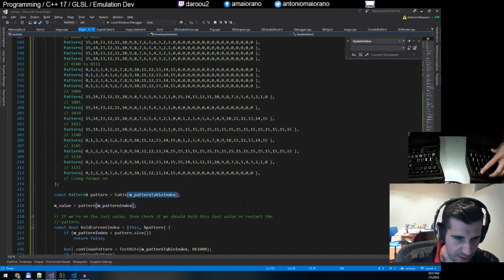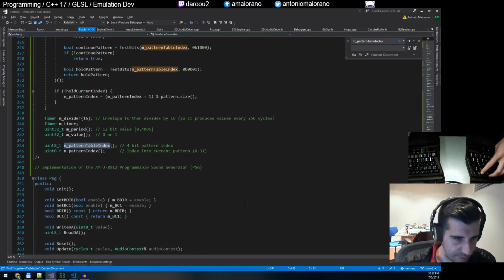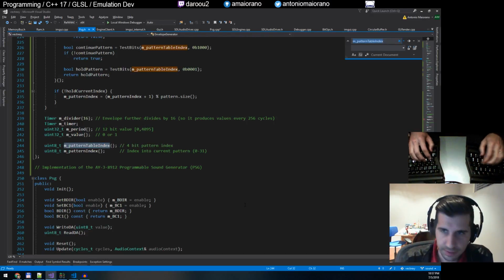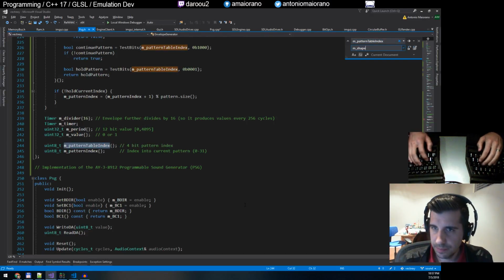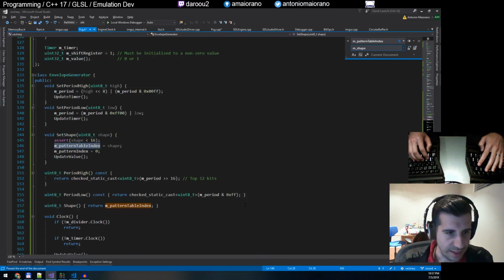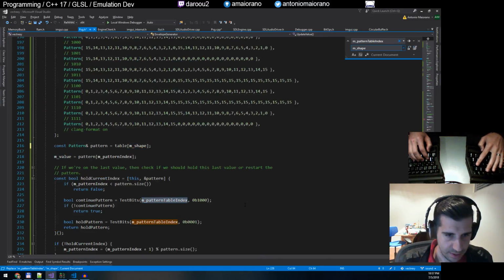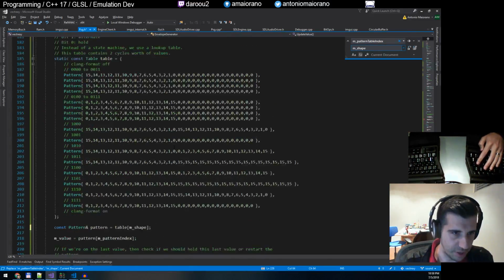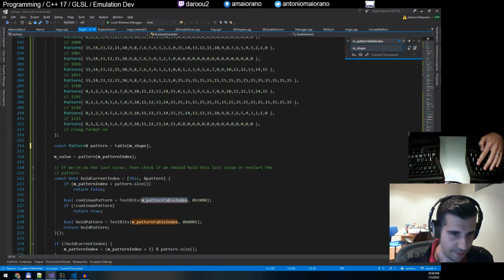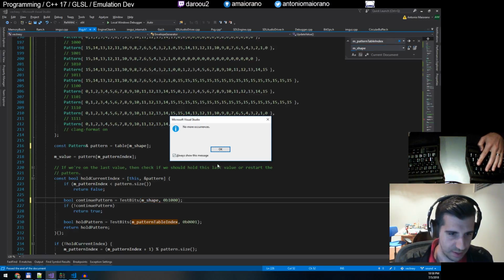You know what? I'm gonna change this. I don't like this name. I'm going to call it the shape. I think it makes more sense anyway. This is a table of shapes anyway, right? These patterns are shapes.